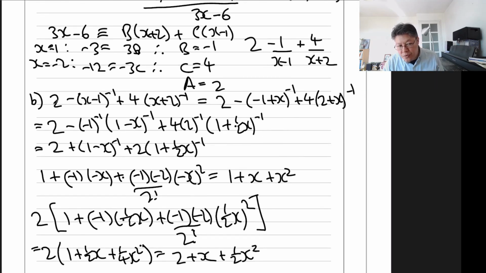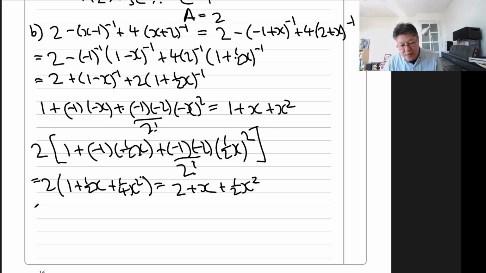So we have a 2. So therefore the final answer is going to be 2 plus all of this. So 1 plus x squared plus all of this. So plus 2 plus x.